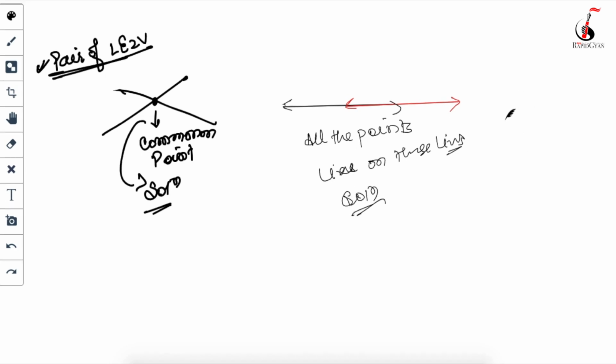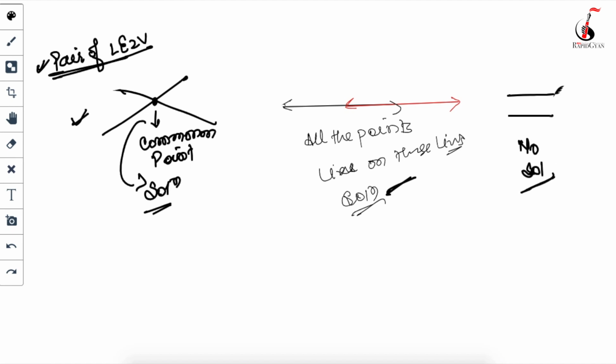And the third condition I have told you is that those two lines can be parallel, if you remember. So in this case, these two lines have no common point. But see, in the first case there is only one common point. In this case, since both the lines coincide, all the points on this line are common points. Correct? And in this case there is no common point, which means there is no solution.